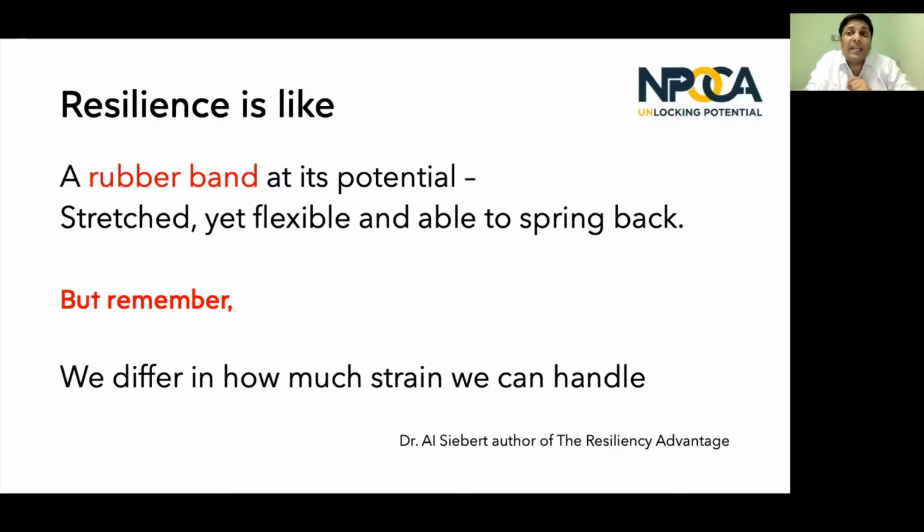I am not indicating that we need to compromise on that. I am asking you to recognize that each one of us is unique and our ability to take pressure is also different from each other. And hence, it is not right to compare myself with others. However, in the later part of the session, we will surely talk about how we improve on it, right?